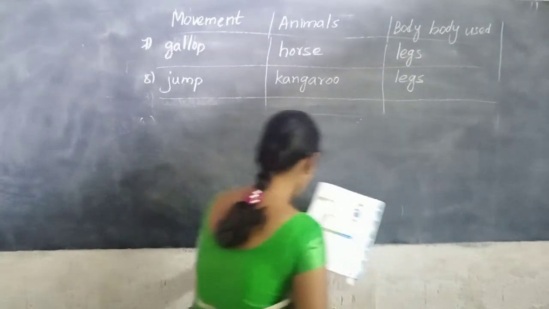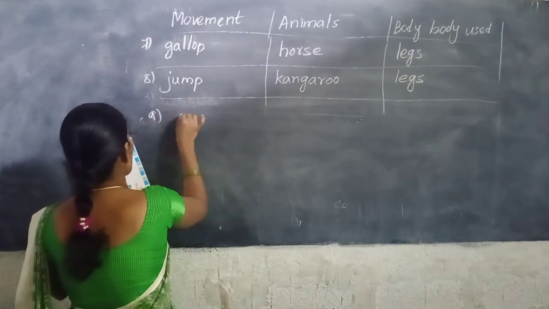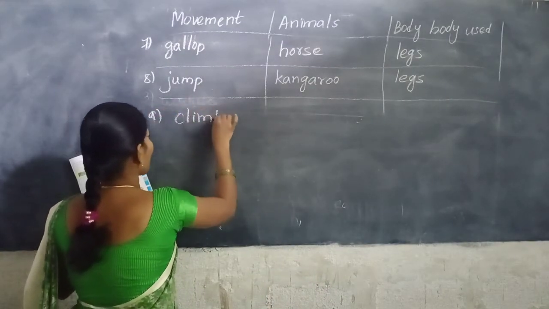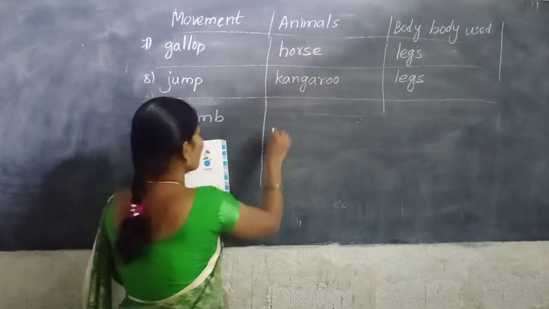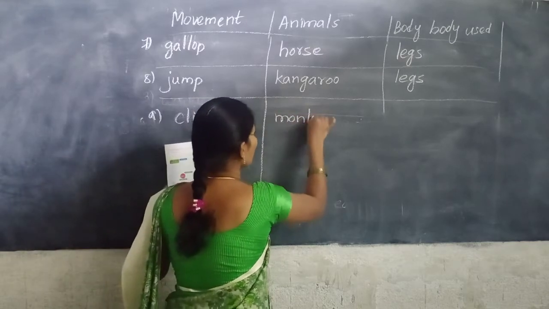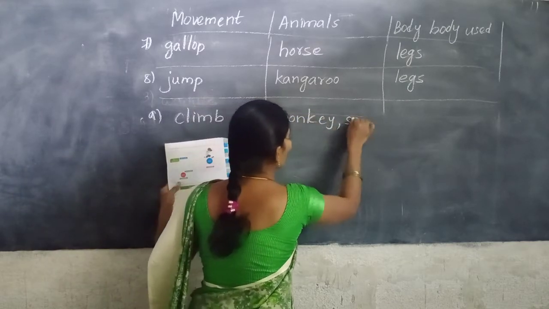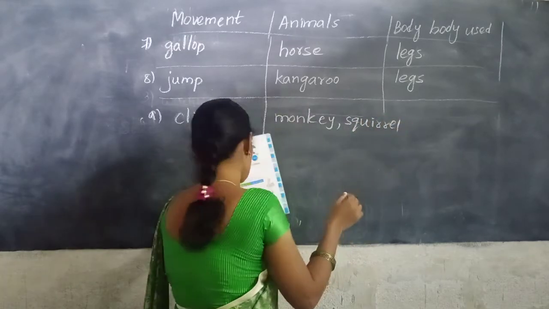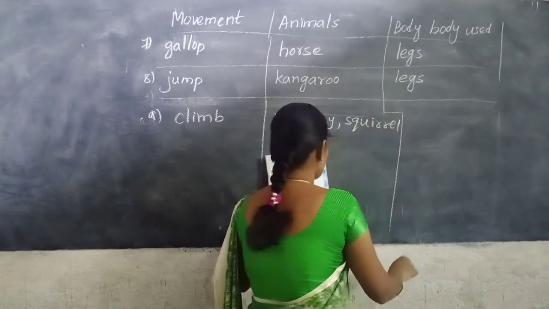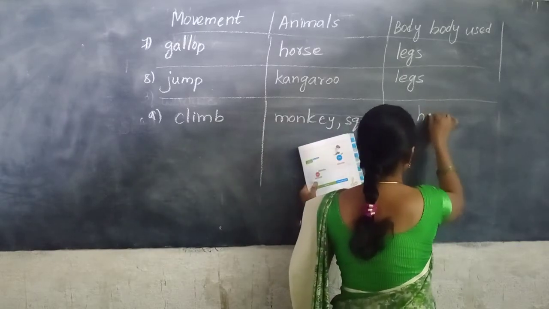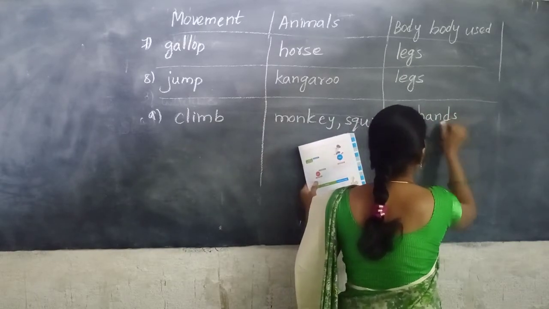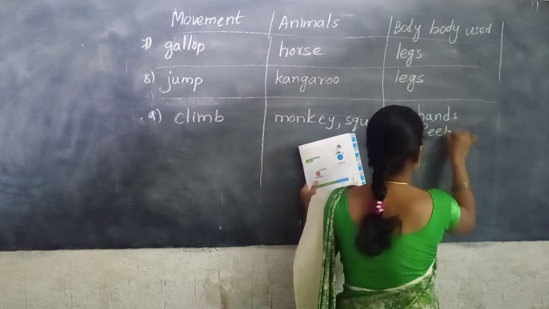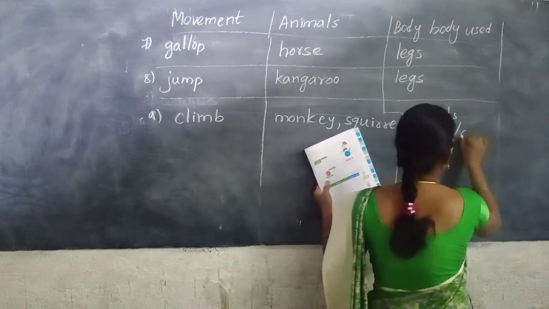Next, climb. Monkey can climb and squirrel can climb. It uses its hands. Sometimes it may use its hands and feet and also claws.